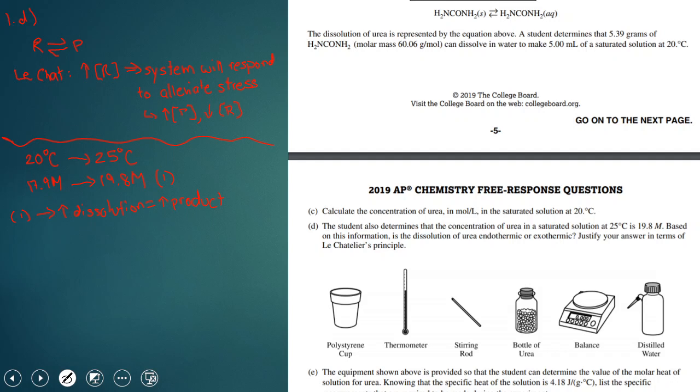But what exactly happens with an increase in product? That means that there was a decrease in reactant. And this was our response. Keep in mind, we still have to do this in terms of the context of Le Chatelier. So we can call this decrease in reactant the response to the stress. Well, what stress exactly can cause a decrease in reactant? An increase in reactant, right?